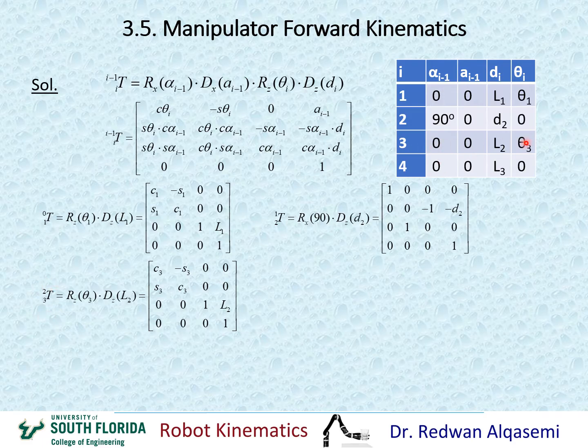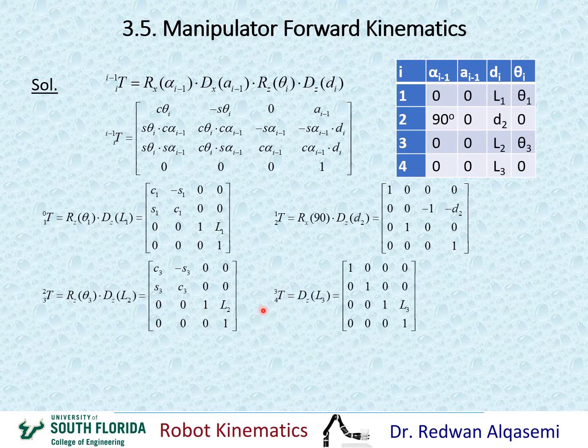We use the third line here, and we have the first two values as zeros, so that would eliminate the need for the first two transformation matrices, and we only need these two, where we substitute theta i by theta 3 and di by L2. So if we do that, we can either multiply these two matrices together to find this, or we can substitute the values from this third line using this equation to come up with this.